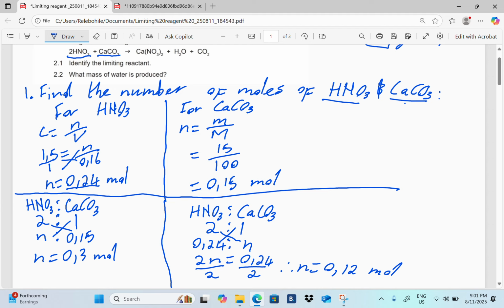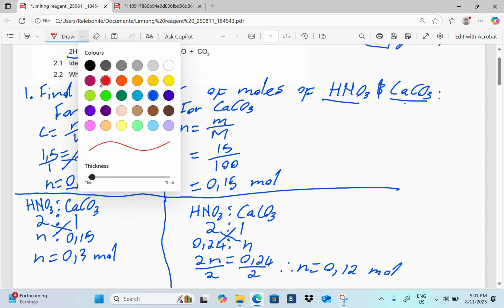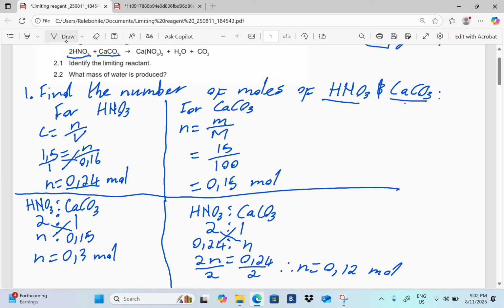Okay, after this step, guys, this is what I'm going to do. Let me change my color here just for you to see what I'm talking about properly. So after this step, what I'm going to do is to take these number of moles, and these are the number of moles I need.